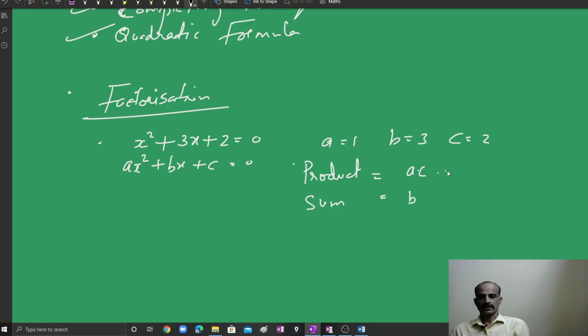Here x square means 1x square, a is 1 and c is 2, so the product is 2 and the sum is 3. We have to find 2 numbers such that the product is 2 and the sum is 3.